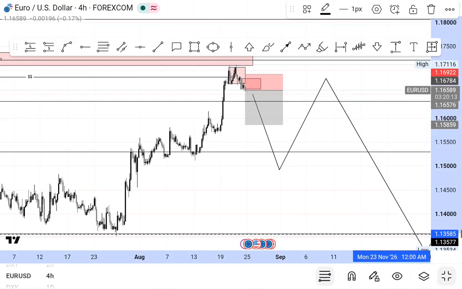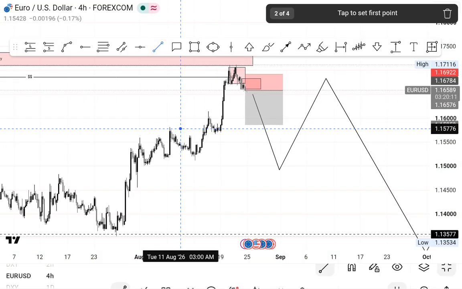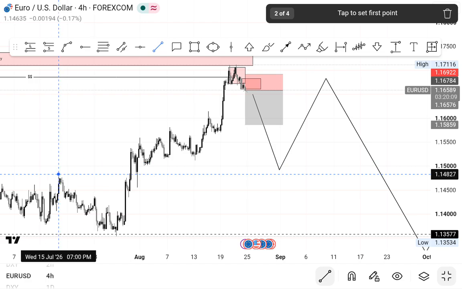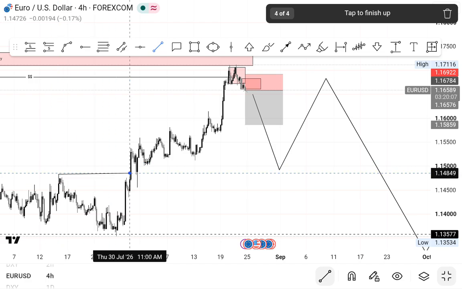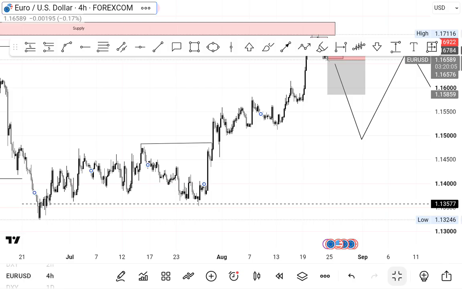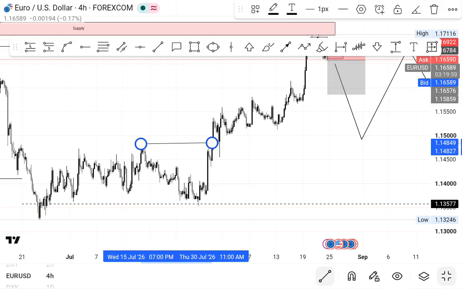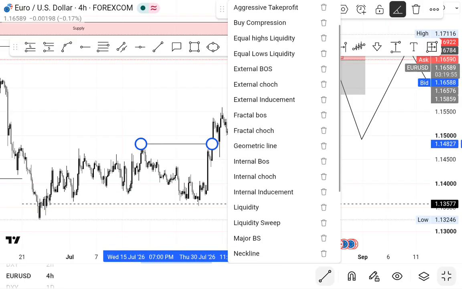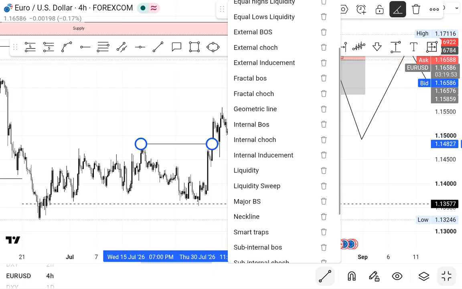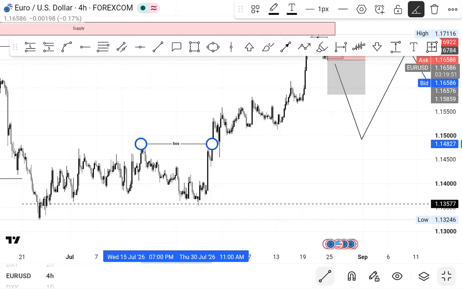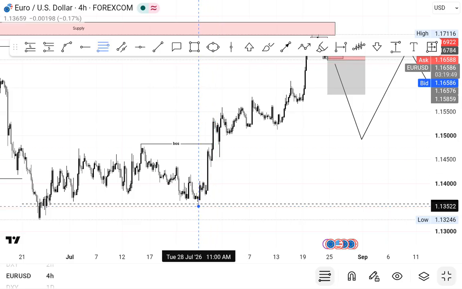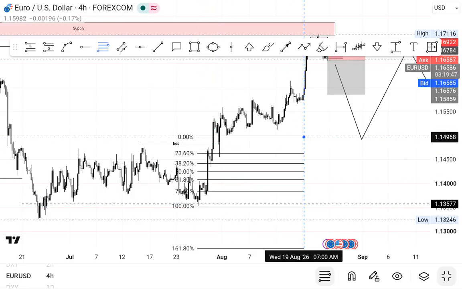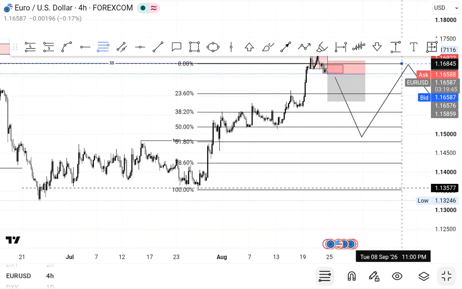And if I remove this, the reasonable break of structure that makes sense is this one, other than those ones at the top. Oops. So what I'm going to do is look at this one as a sub-internal break of structure. So I can even pull my fib from this one instead of the sub-internal ones.